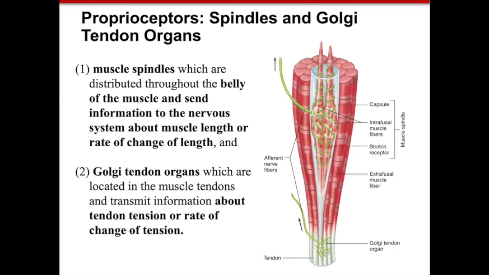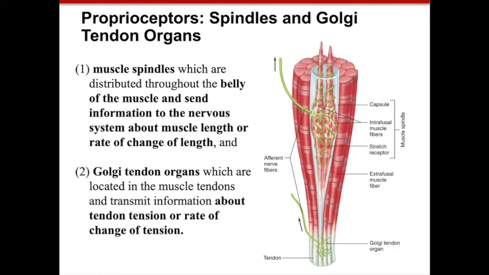We already spoke about this when we spoke about the muscles, but it's important to understand that the muscles and the tendons have receptors. These are the exact receptors that provide us with proprioception. So we have the muscle spindles inside of the muscle, and we have the Golgi tendon organs for the tendons.